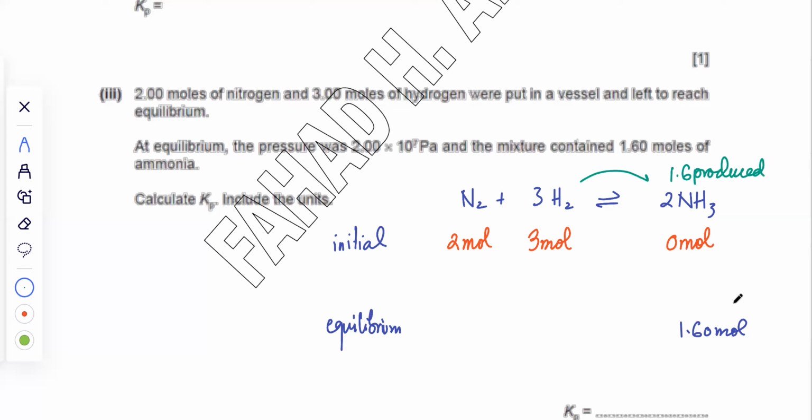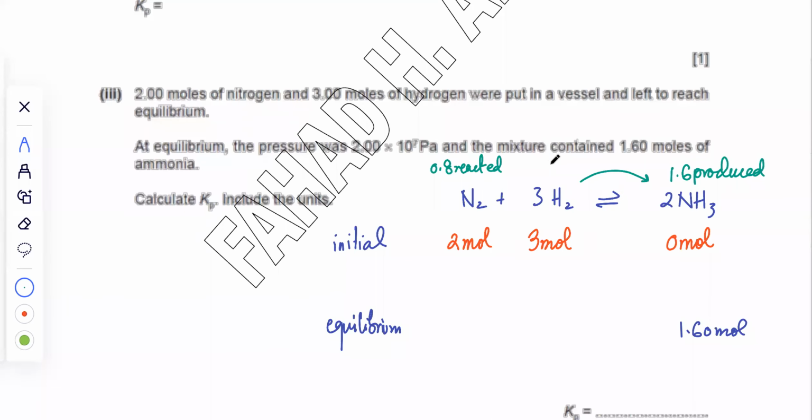There was some forward reaction. Now use ratios. 1.6 getting produced. It's 2:1. So how much N2 would react? Half of that. So that means 0.8 must have reacted. And it's 2:3. So according to this ratio, how much H2 must have reacted? Like 1.6, how much H2 would react according to 2:3?